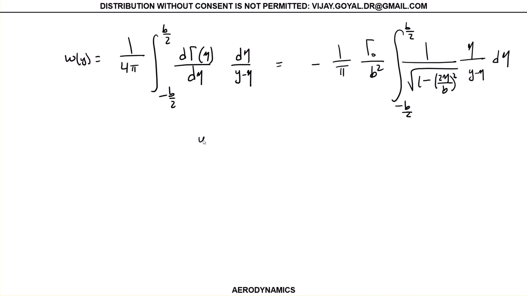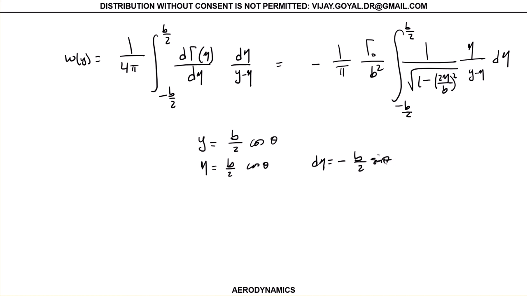We can do a couple of substitutions here: eta equals b over 2 cosine of theta, and then d eta would be minus b over 2 sine of theta.